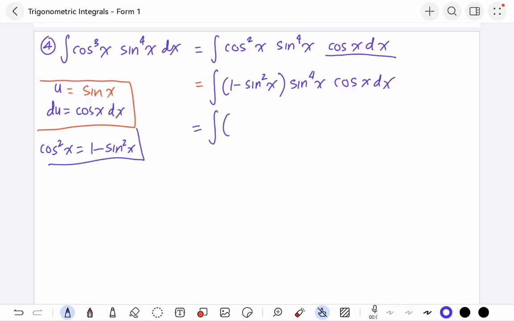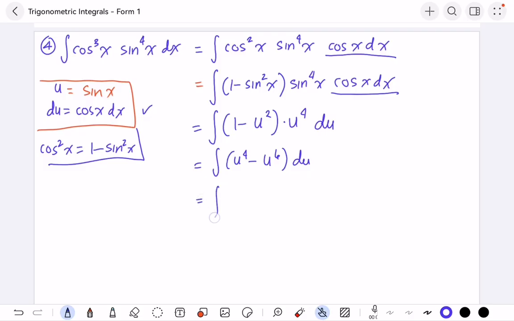Substitution: I have 1 minus u square times u to the fourth, and this cosine x dx is just du. Multiplying, I have u to the fourth minus u to the sixth du.